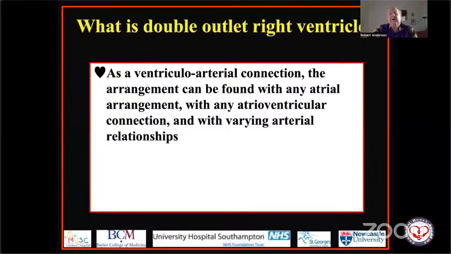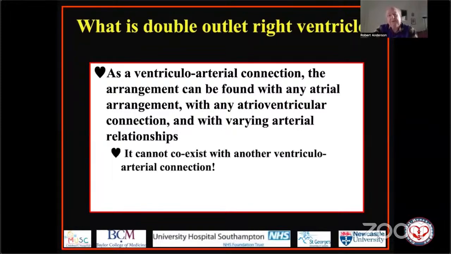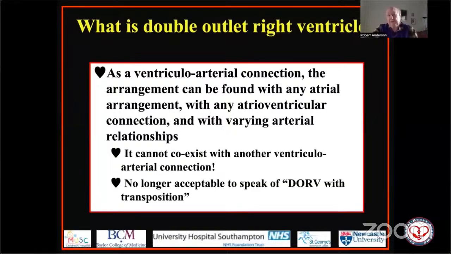There is, however, an important point to make on the basis double outlet right ventricle is a specific ventriculo-arterial connection, because that means it cannot exist with another ventriculo-arterial connection. So I hope that no longer do we have any of you who try to describe double outlet right ventricle with transposition.